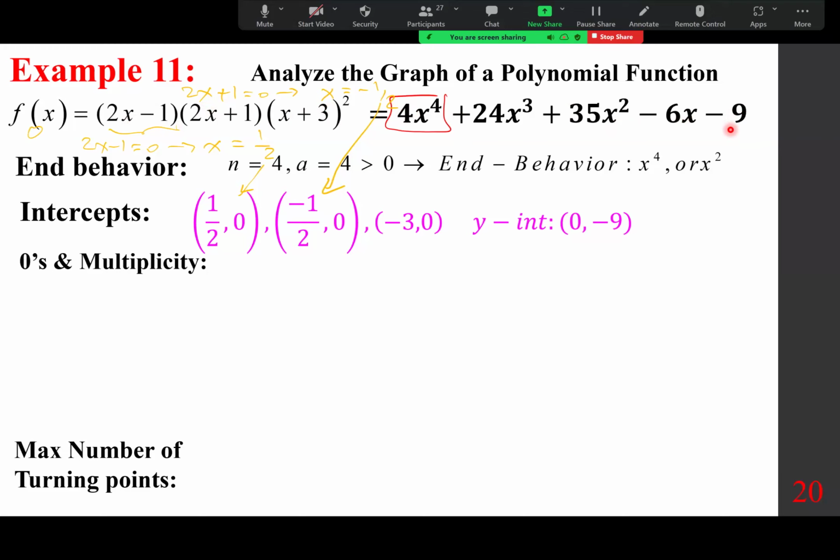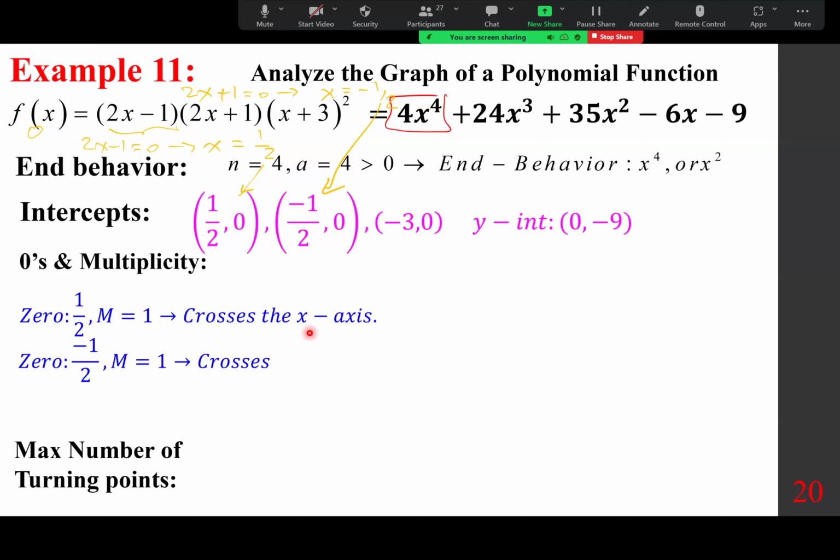Let's discuss zeros and multiplicity. As we look at the exponents here, the exponent is 1, the exponent is 1, the exponent is 2. So for this one and this one, the multiplicity is 1, and therefore they cross the x-axis. So for 1/2, m is 1, it crosses the x-axis. When we say crosses, we mean crossing the x-axis. We get the same situation here.